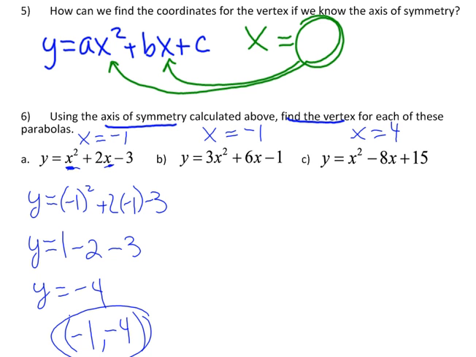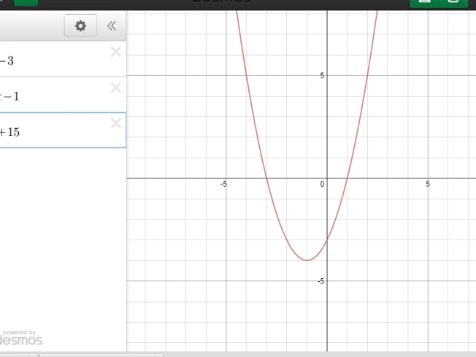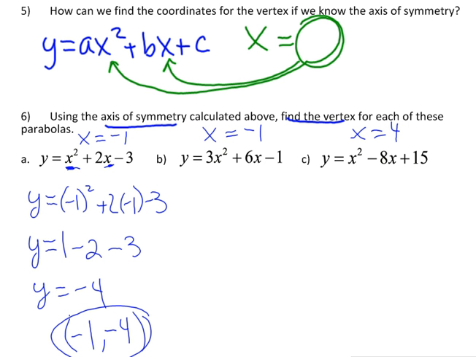Let's go back and look at the graph of this equation. When we go back to our Desmos graph and we look at it, there's our vertex right there, (-1, -4). So once we know the axis of symmetry, if we plug that number in, we can find the y value and find out what the vertex is.